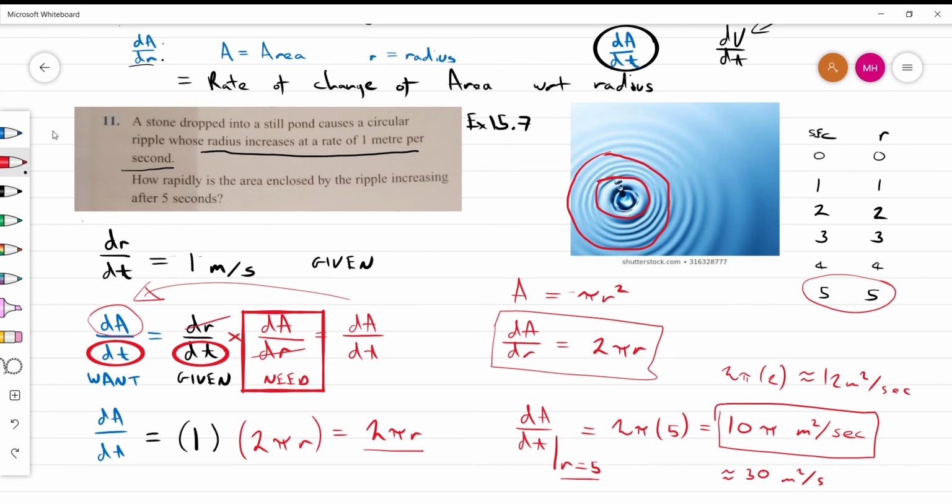As time goes on and the radius increases, the rate that the area increases is not fixed. It depends on the radius. This is what this r is telling us here, and that's what we just worked out. So there's our answer: 10 pi meters squared per second.